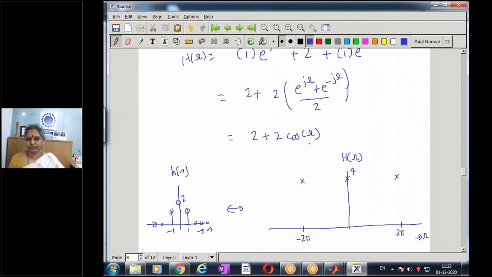At omega equal to pi, cos pi is a minus 1, so 2 minus 2 is going to be a 0. Similarly at minus pi, it's even. So then what do I have? I have a cosine signal, and this is periodic.